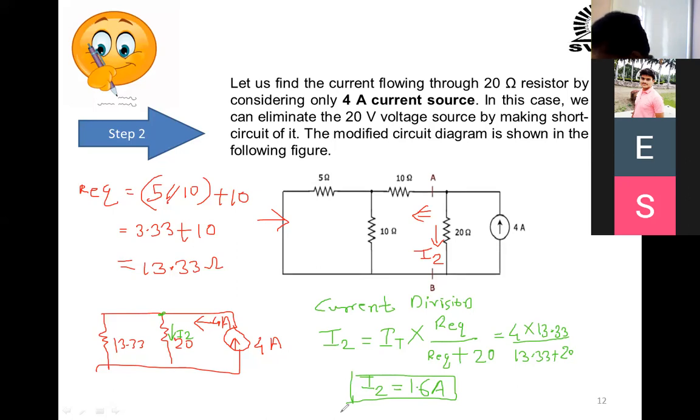Any questions from your side? Okay. Now one example I will give as a homework for you people. In which 3 independent sources are present.